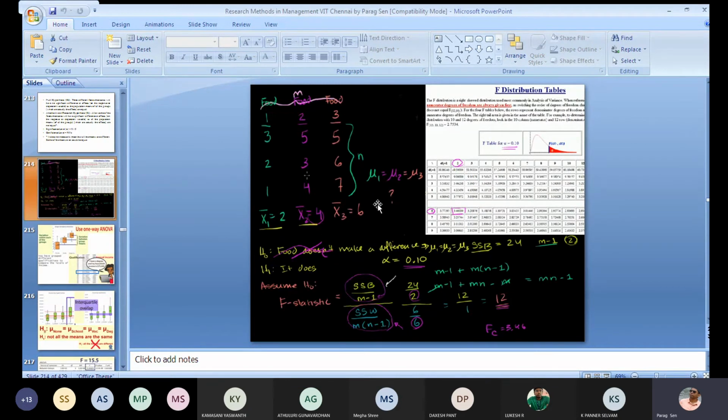So basically, these responses you have got from the sample 2, 4, and 6. But mu1, mu2, and mu3, these are the population responses, population average. So you can see that the sample means are different, responses are different, but are the population responses also different?